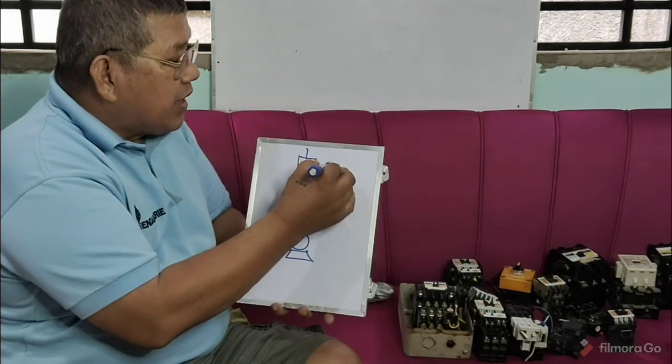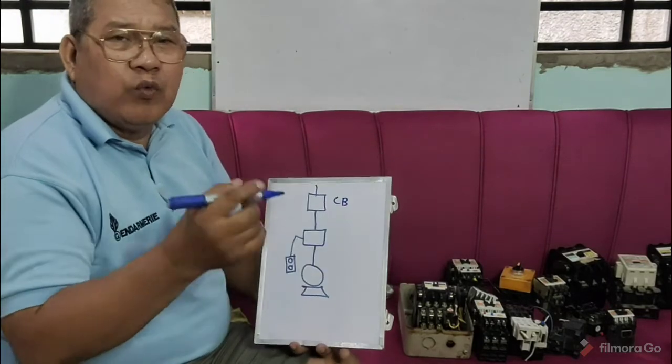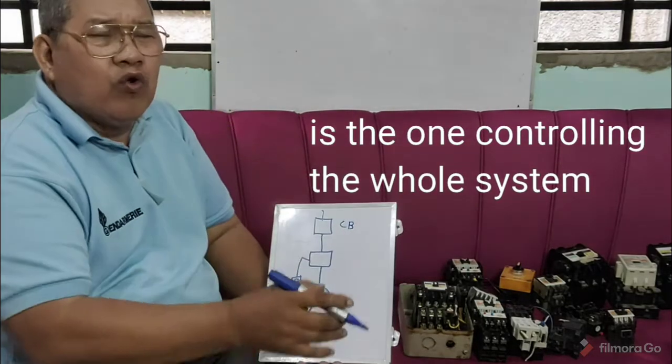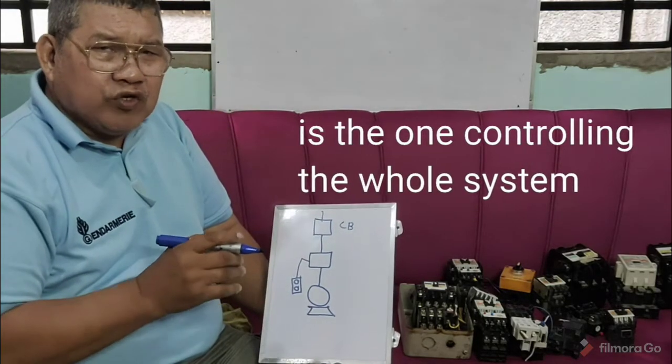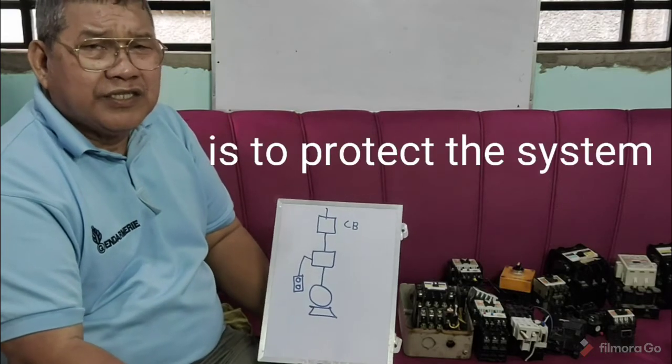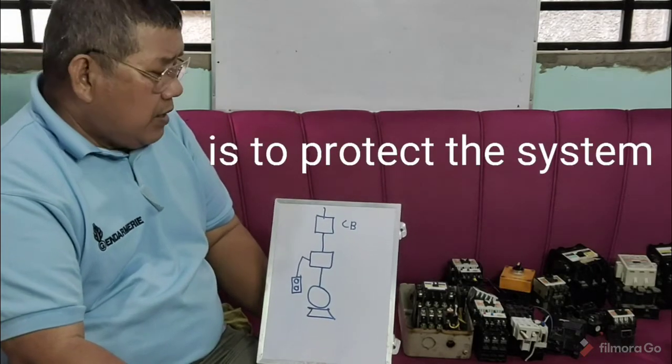We have here the circuit breaker. We know the circuit breaker is the one controlling the whole system. If there is a short circuit, then automatically the circuit breaker will open. So the main purpose of the circuit breaker is to protect the system whenever there is trouble.